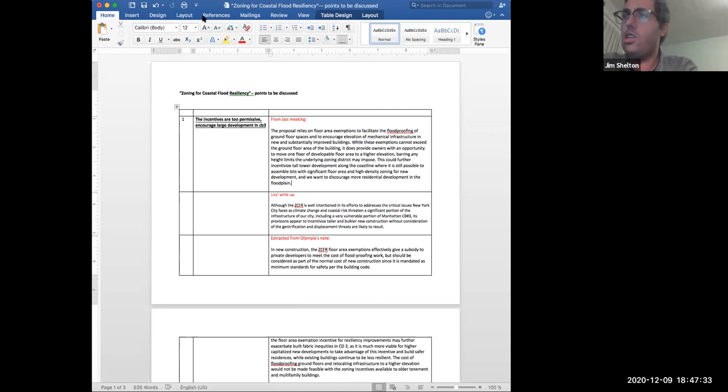So I don't know that this program in and of itself incentivizes new development where there is not development today. The way they're structuring the program is, you can relocate additional developable floor area in a building to a higher elevation, but you're not gaining net new floor area, or net new residential units in that building.